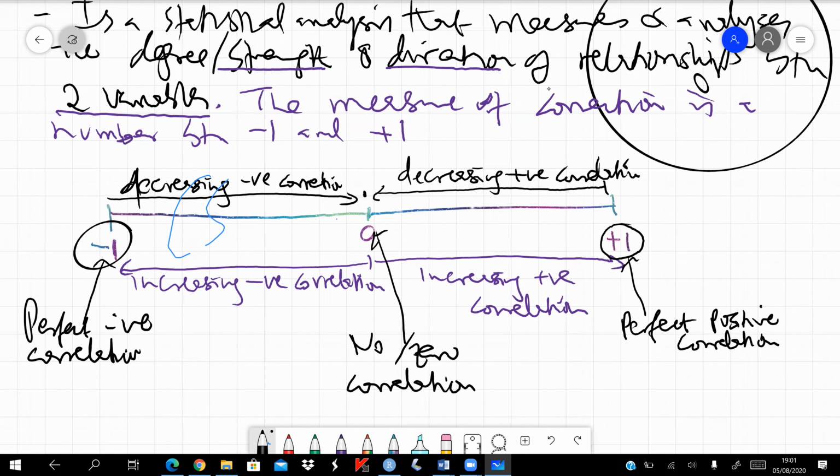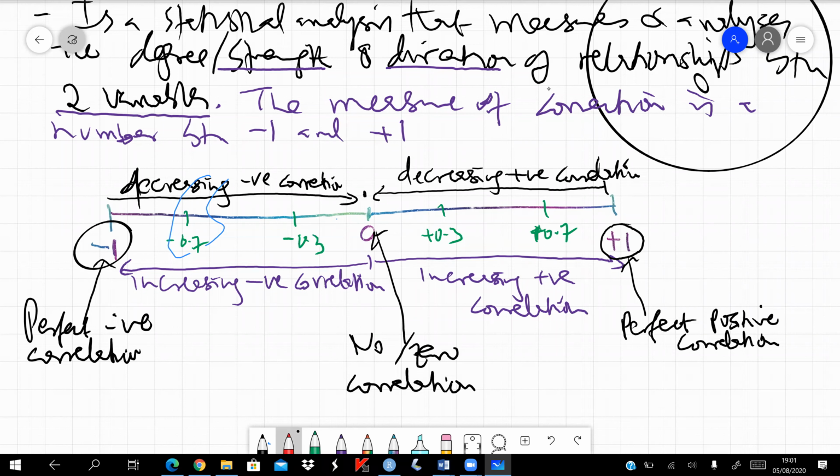Usually we can partition this using some rule of thumb into 3 parts like that. You can say this is plus 0.3, plus 0.7. The same case here, minus 0.7 and minus 0.3.